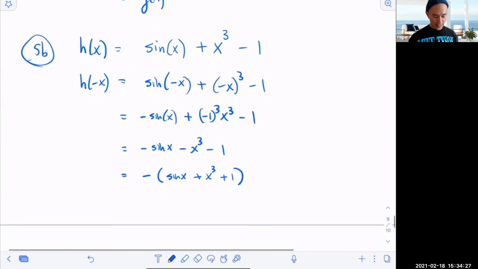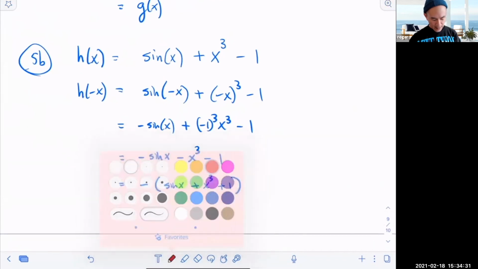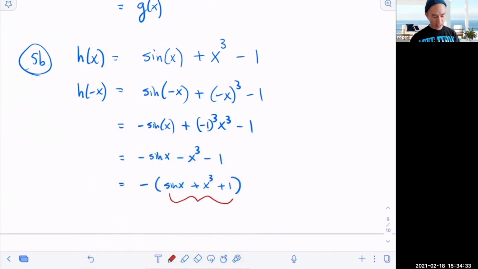Now, when you look at this guy, is this the same as my original function h of x? It is not, because it differs by a sign right here. So this is not h of x. So in this particular case, this guy is neither.